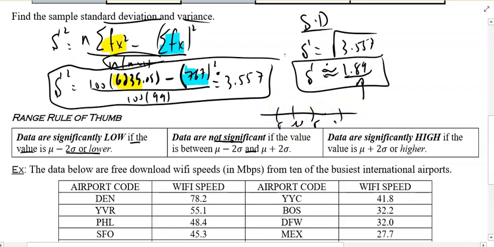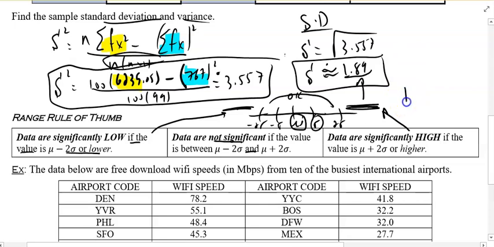You add another standard deviation and you subtract another standard deviation. This is considered okay, not significant. If a number is right there, we call that significantly high. If a number is in that range, we call that significantly low. Remember, this is the average and this is the standard deviation. That's how we're going to set things as we move along.